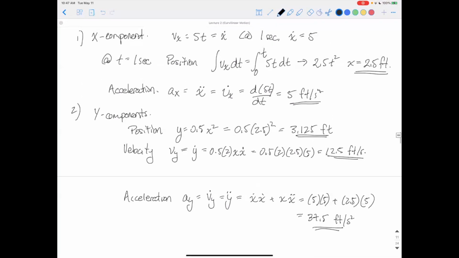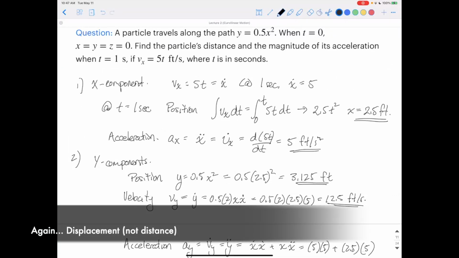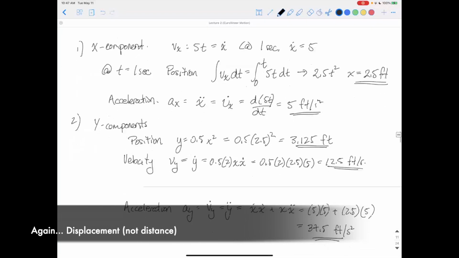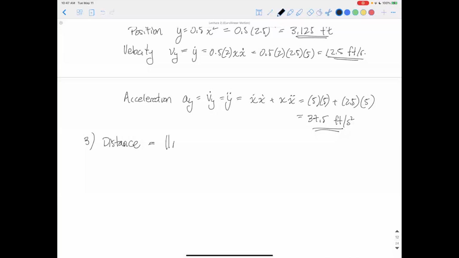So we're asked to find the position, or sorry, the magnitude. Find the particle's distance and the magnitude of its acceleration. So when we hear the word distance, we should think magnitude of position vector. So this is an x and y space, so there's no z term. So we can write distance is equal to the magnitude of our position vector, which is equal to the square root of x squared plus y squared.